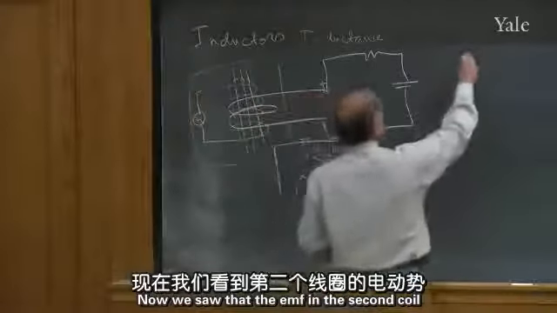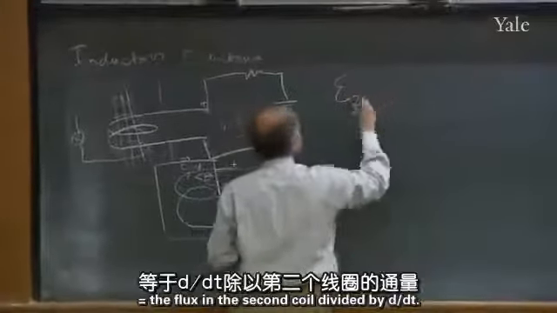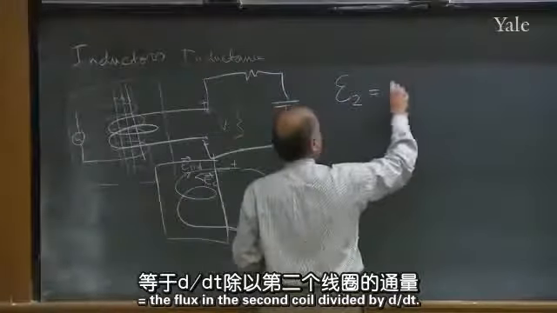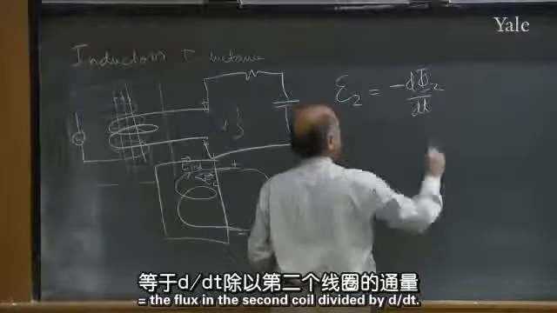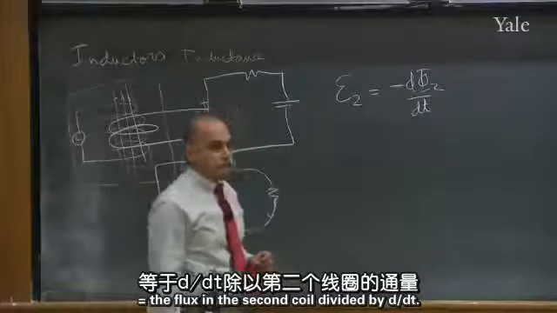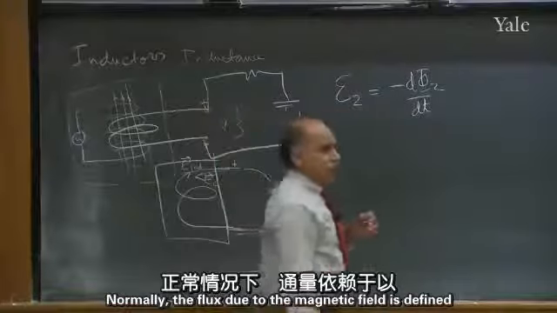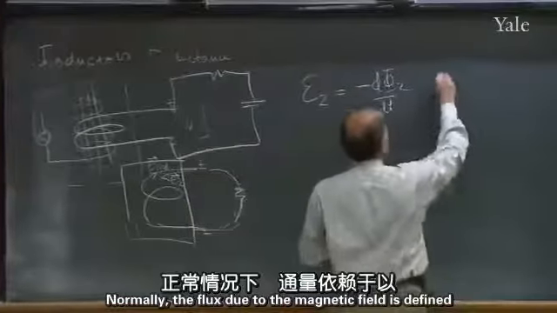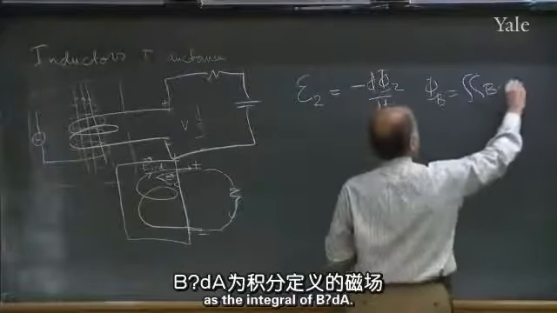Now, we saw that the EMF in the second coil is equal to the flux in the second coil, d by dt. You've got to be a little careful about flux. Normally, the flux due to the magnetic field is defined as the integral of B dot dA.